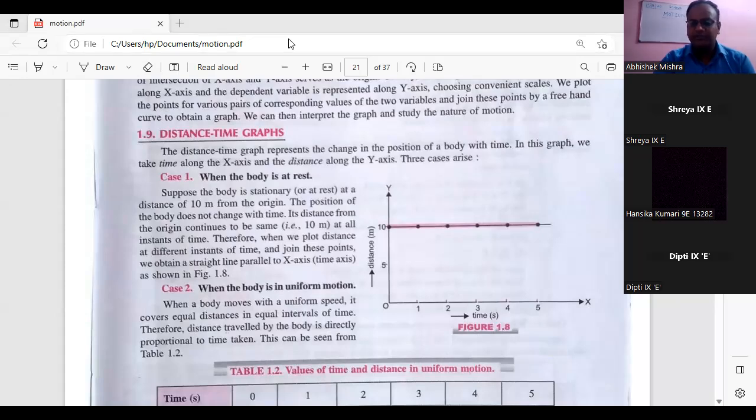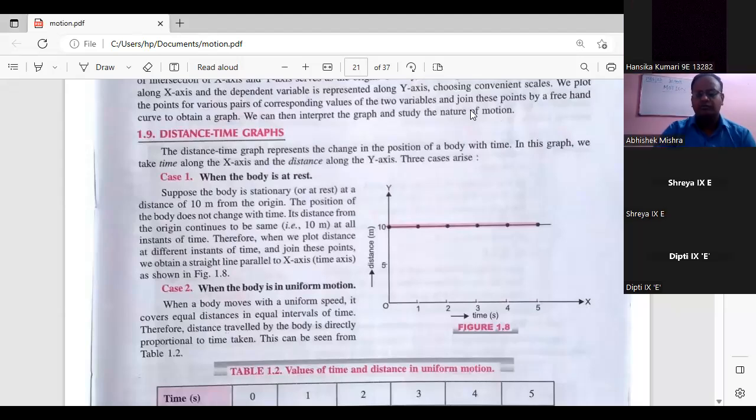What do you mean by a distance time graph? Just raise your hand so that I can unmute you. What do you mean by the distance time graph? Okay, Hanshika, you can unmute yourself.